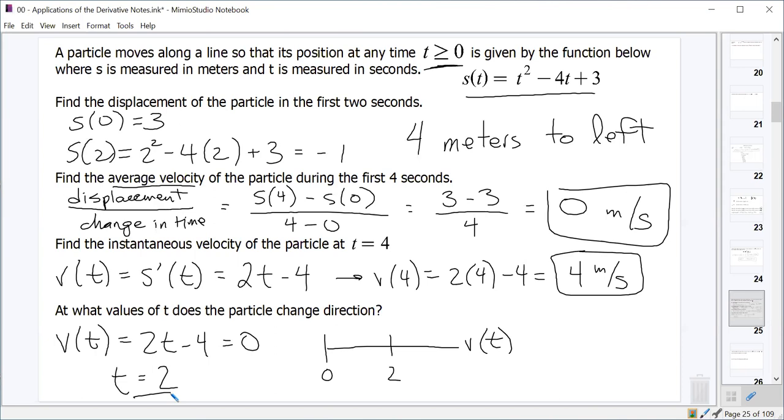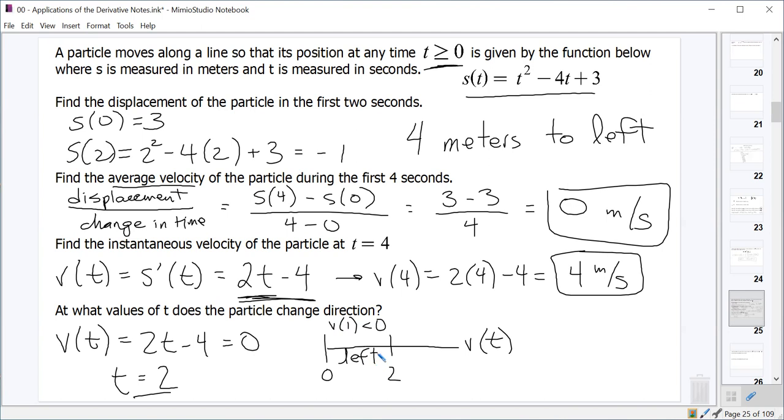So an easy value to plug in would probably be something like 1. We'll find v of 1. V of 1 is just 2 times 1 minus 4, or negative 2. Since v of 1 is negative, it's less than 0, that means the particle must have been moving left on this entire interval.